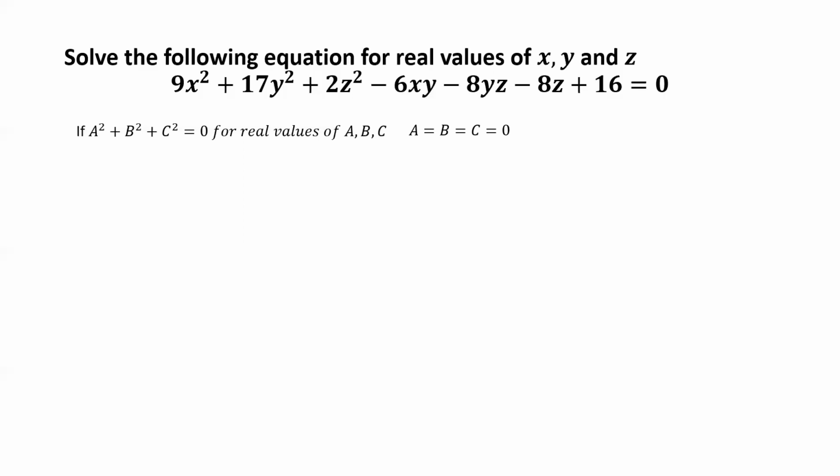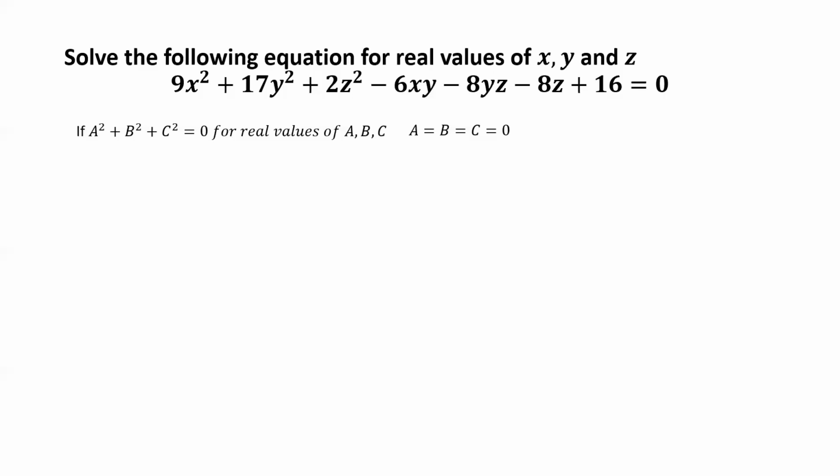So the question is, can we reduce this given expression to the sum of squares of 3 quantities? And if we can do that, especially with the left-hand side, and equate that to 0, then we can potentially get 3 equations out of this single equation that we're given.